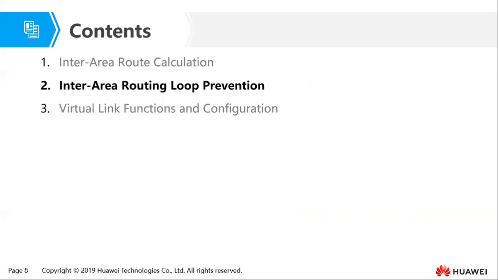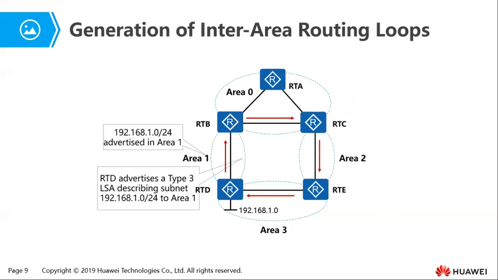Okay, so let's look at inter-area route loop prevention. So how can a loop be generated? In this particular network, we have 4 areas: area 0, area 1, area 2, and area 3. Now, let's use RTD as an example.